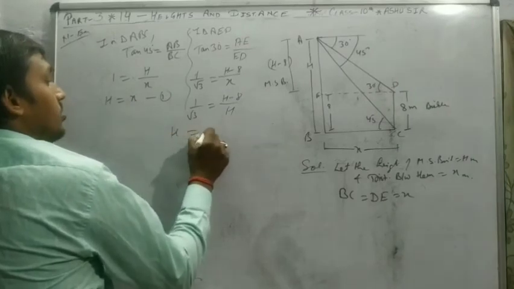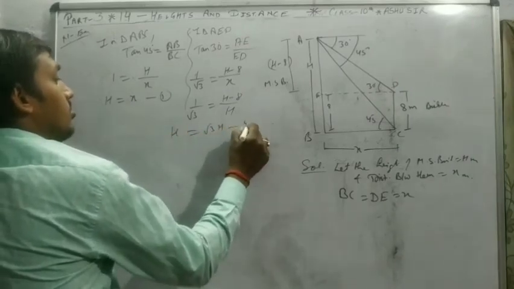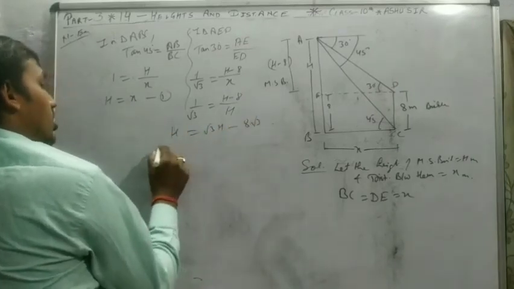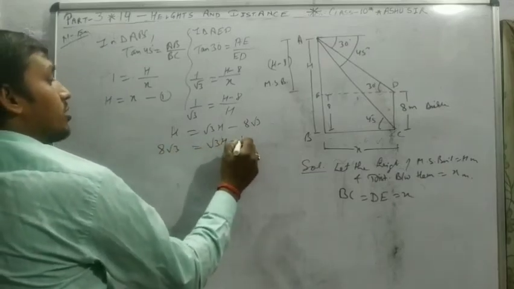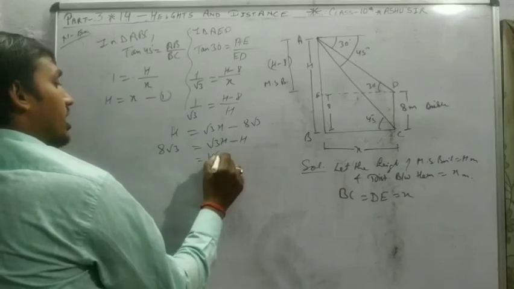1 by root 3 is equal to h minus 8 upon h. Cross multiply. 8 root 3, send here with positive sign, root 3 h minus h. h taken common.